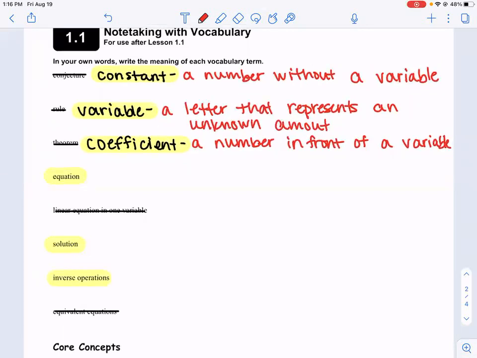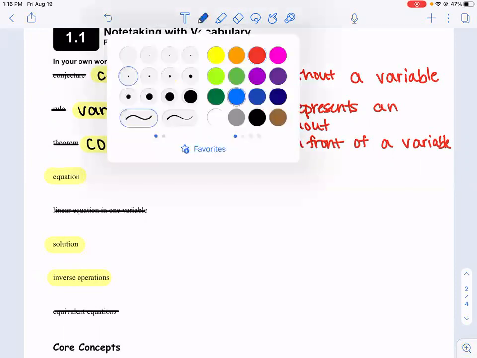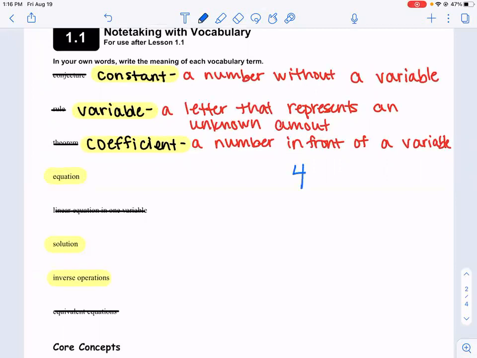Okay. Isn't it also the same thing in science where they write it on the bottom instead of the top? Coefficient. It's not an exponent.